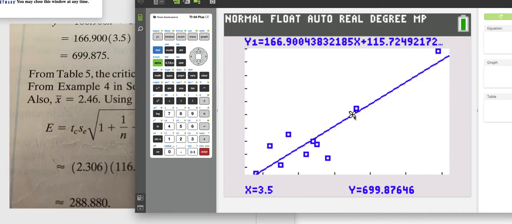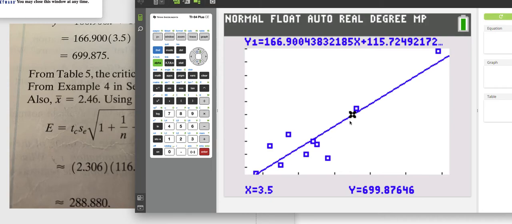Just like all these other problems we would do in the past, we're going to find a 95% interval, meaning that 3.5 isn't probably going to be exactly 700 CO2 emissions. A 3.5 trillion GDP is going to have a confidence interval. It's going to be somewhere between here and here, and we can be at a level of certainty to that.